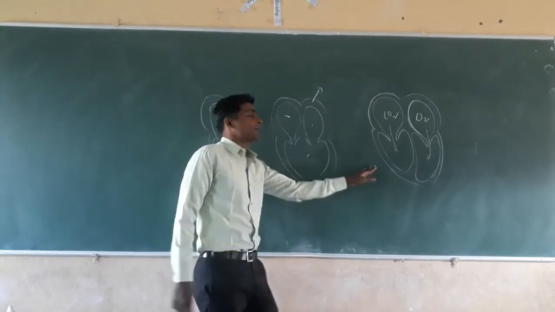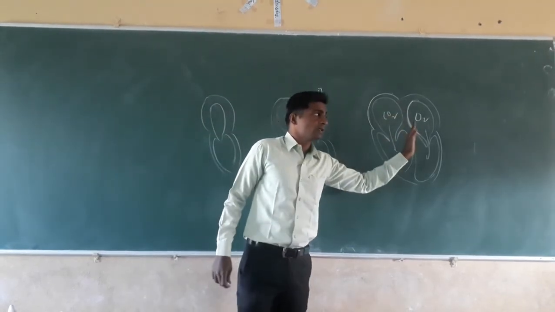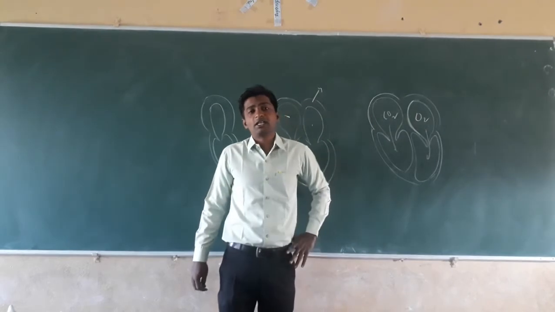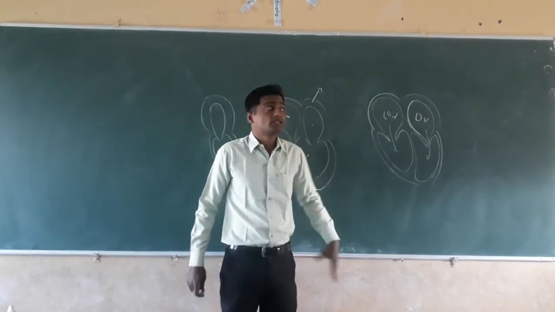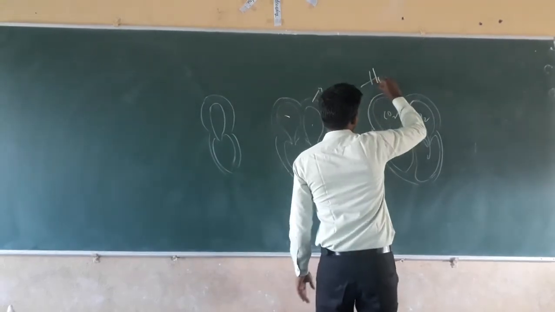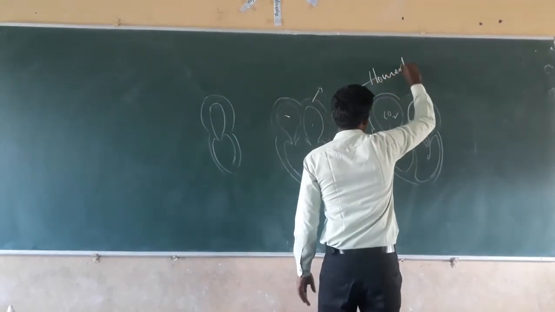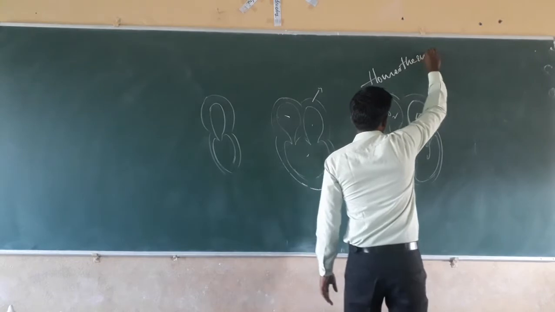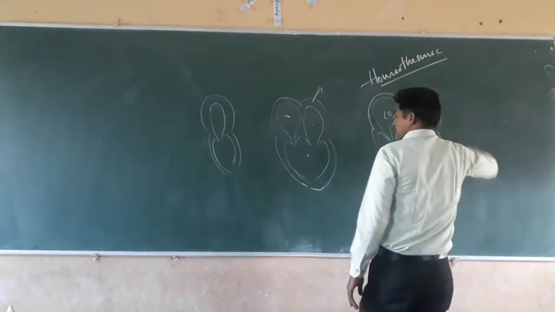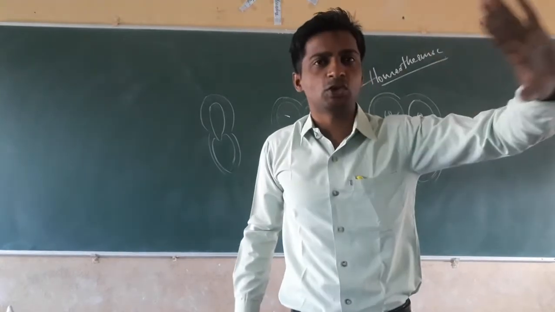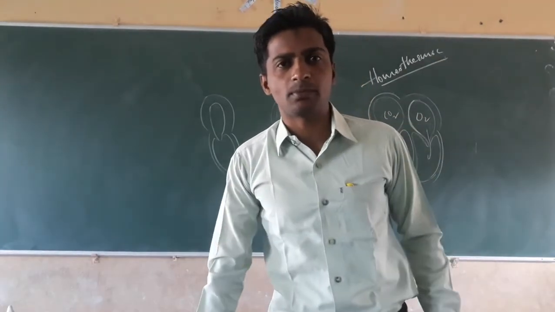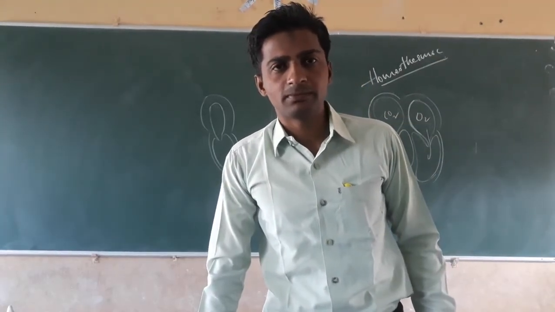But in birds and mammals, mixing is avoided because they are homeothermic. Homeothermic means they do not change their body temperature with respect to the temperature of the environment or surroundings.